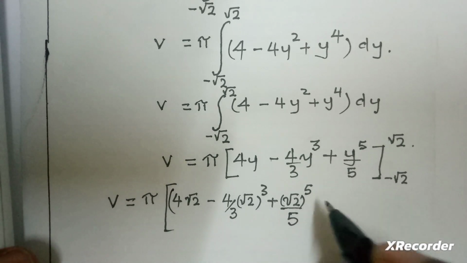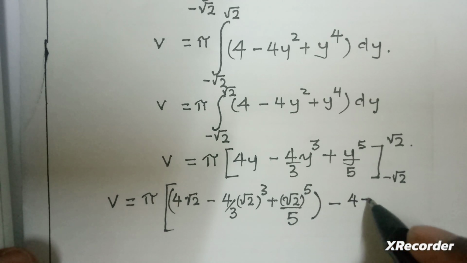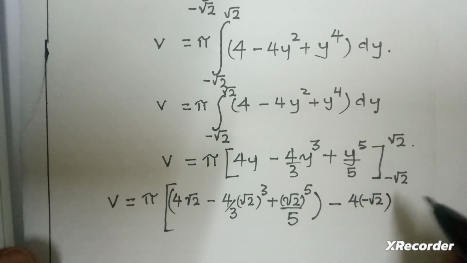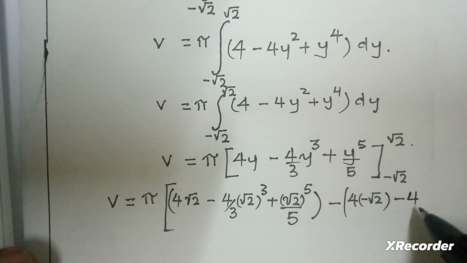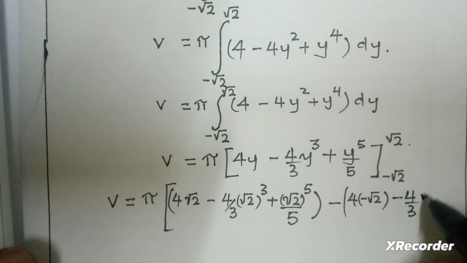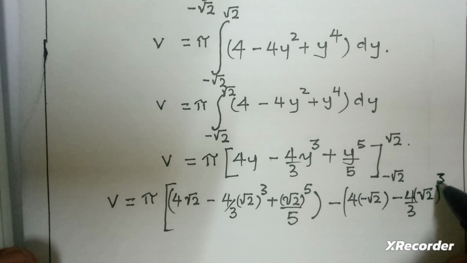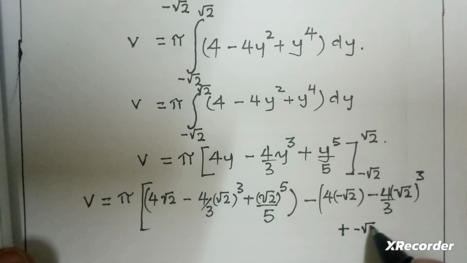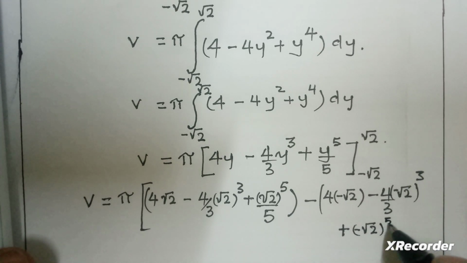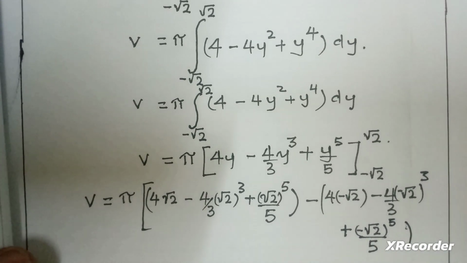Then we subtract the lower limit: 4 times negative root 2, minus 4 over 3 times negative root 2 raised to 3, plus negative root 2 raised to 5 all over 5, so that we have our bracket there.